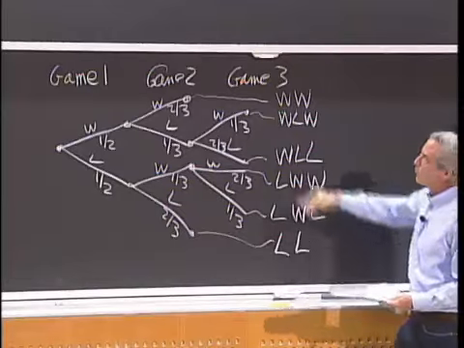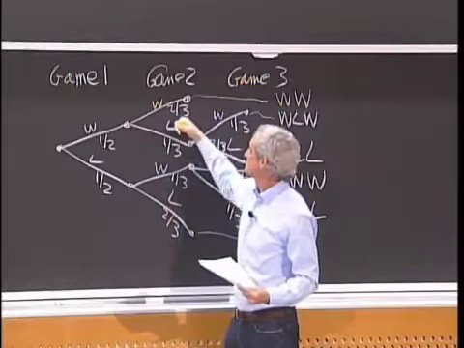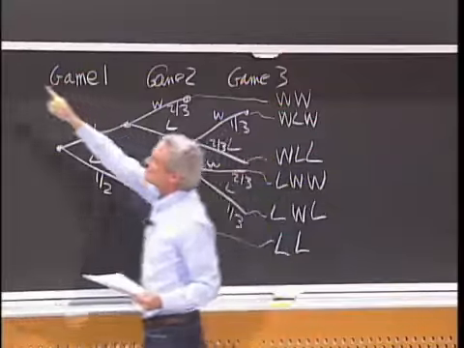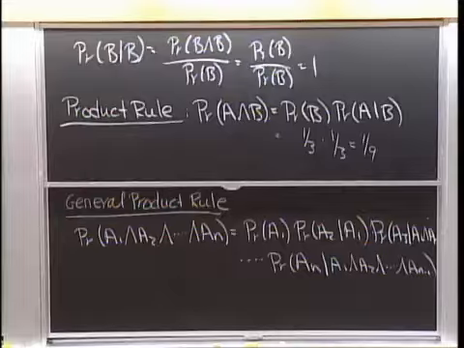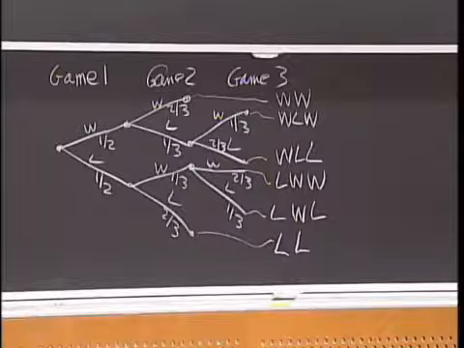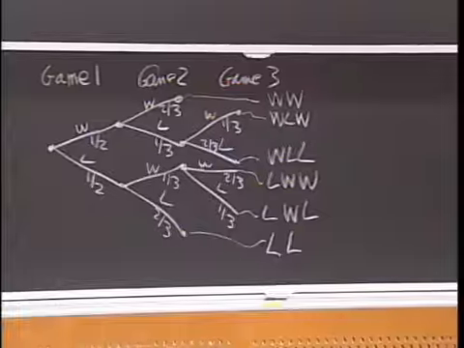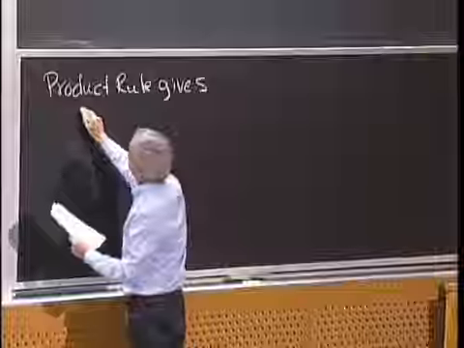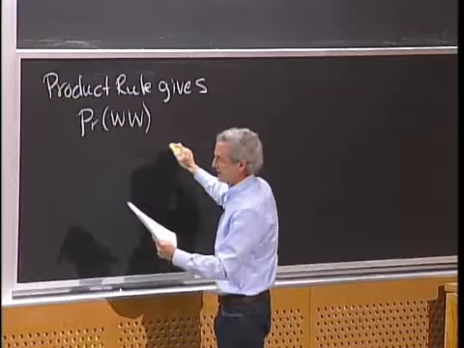Now, remember the rule we had for the tree method? I just multiply these things. Well, in fact, the reason we have that rule is because that is the same as the product rule. Because what I'm asking here, to compute the probability of this one, is the product rule gives the probability of a win-win scenario. Win the first game, win the second game.